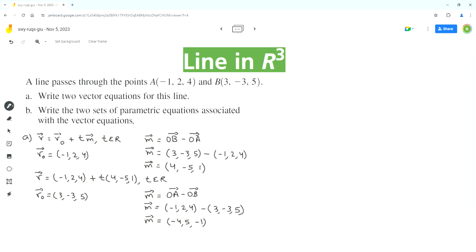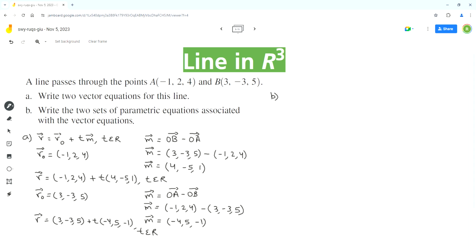Now we can write the second vector equation for this line. So this should be the final answer for part A. Now we can analyze part B.